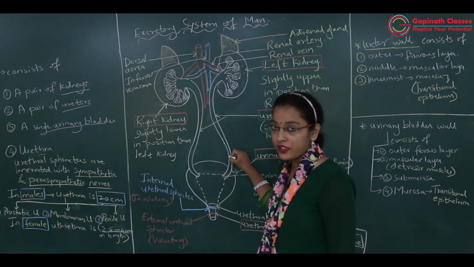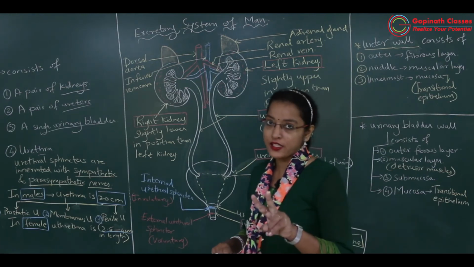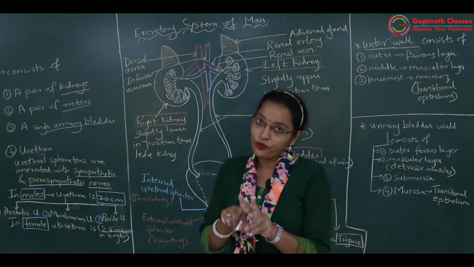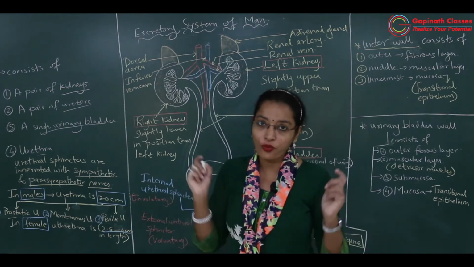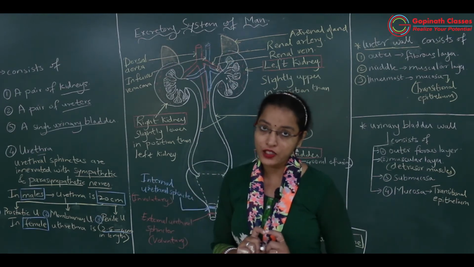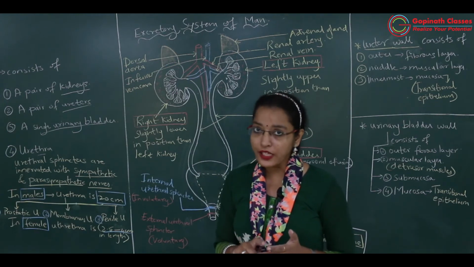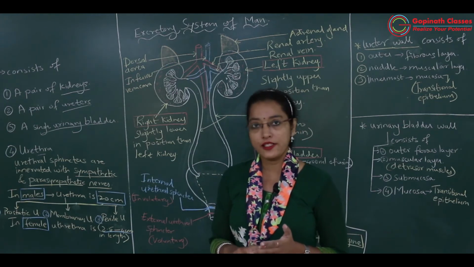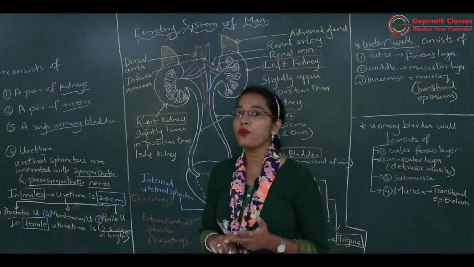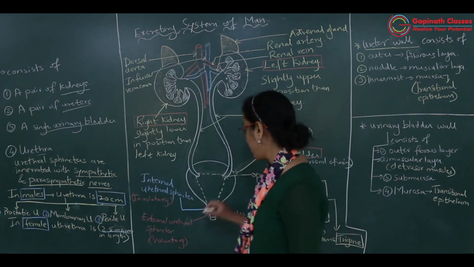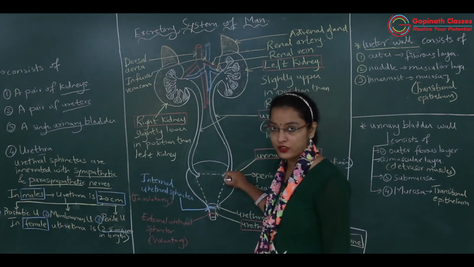Okay, got it? So two reasons to prevent backflow. First is the angular opening of the ureter in the urinary bladder, and second one is walls. Okay, mucosal walls are present at the end of the ureter.